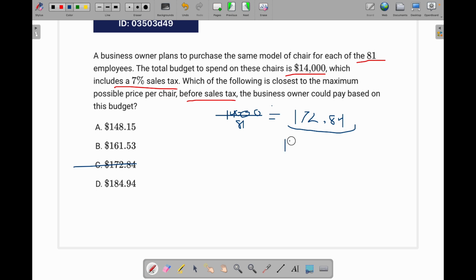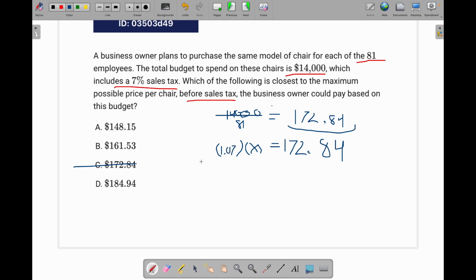But from here, we're going to make an equation. This $172.84 equals some X value before the sales tax, and then you're increasing that amount by 0.07 because you have the 7% sales tax. So it's X times 1.07.